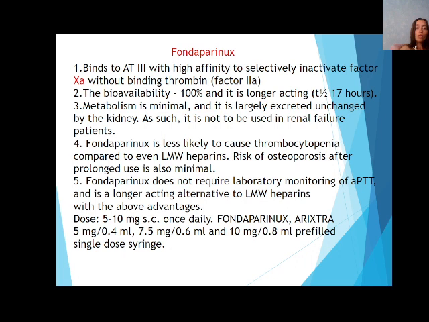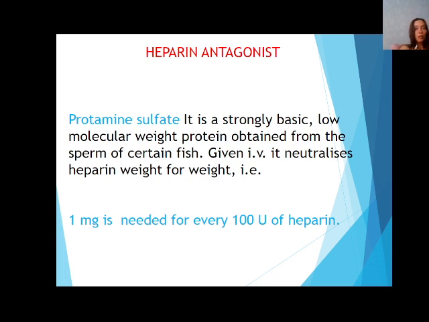Fondaparinux is less likely to cause thrombocytopenia compared to even low molecular heparins. Risk of osteoporosis after prolonged use is also minimal. Fondaparinux doesn't require laboratory monitoring of APTT, and it's a long-acting alternative to low molecular heparins. Dose 5–10 milligrams daily.